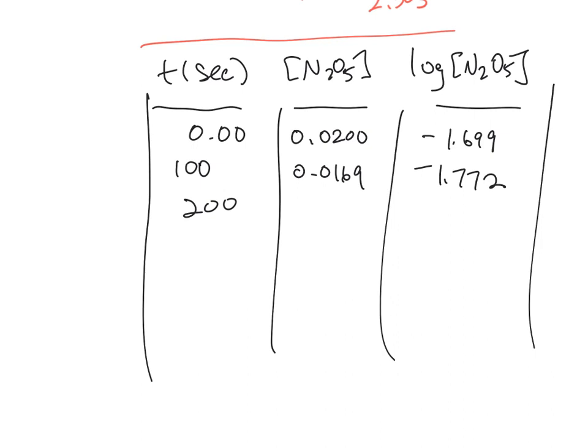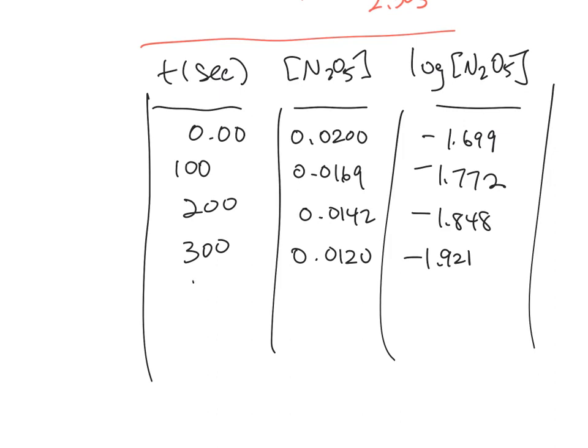At 200, we have 0.0142 and negative 1.848. 300 seconds, 0.0120 and negative 1.921. 400, 0.0101, negative 1.996.